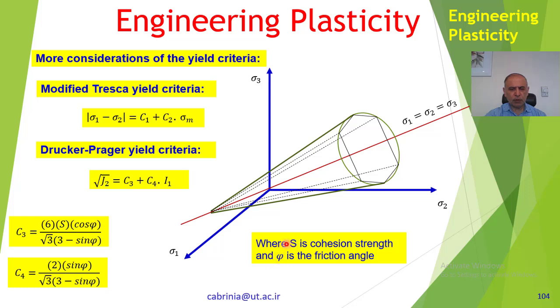We will talk about these two in a few minutes further in the slides. Also C4 is 2 sine phi divided by the same denominator. So this cohesion strength, as the name implies, could be used either for geomaterials or for powder metallurgy, and phi is the friction angle, which I am going to talk about in a few minutes.